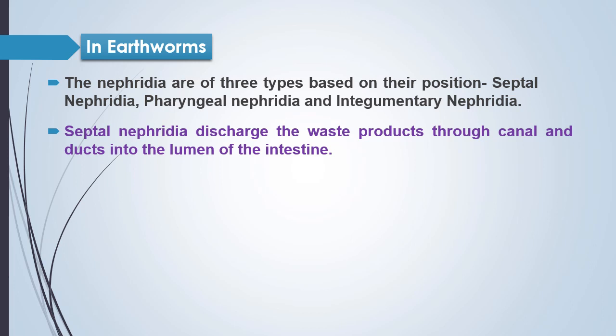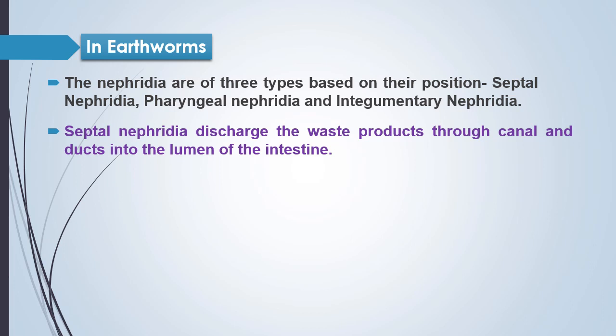Septal nephridia are found on both sides of the intersegmental septum behind the 15th segment. The pharyngeal nephridia lie one pair in each of the 4th, 5th and 6th segments. The integumentary nephridia are found from the 7th segment to the last segment.